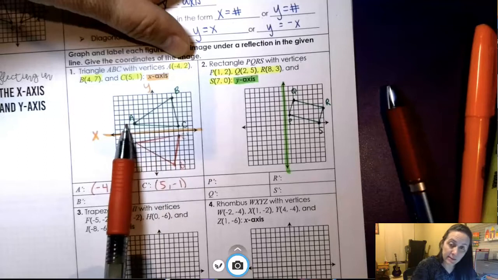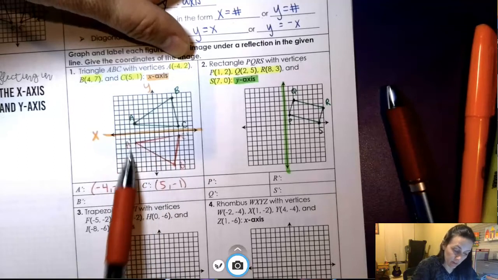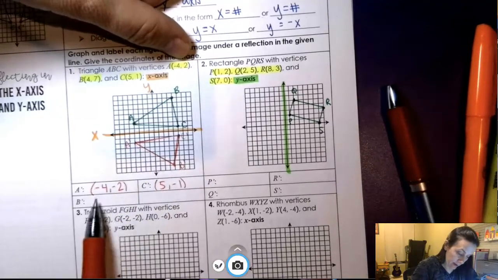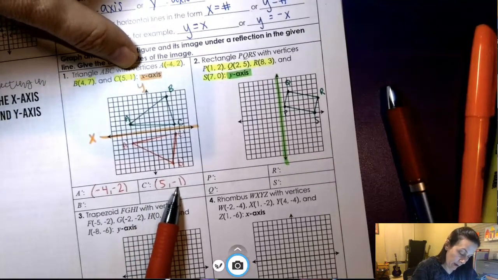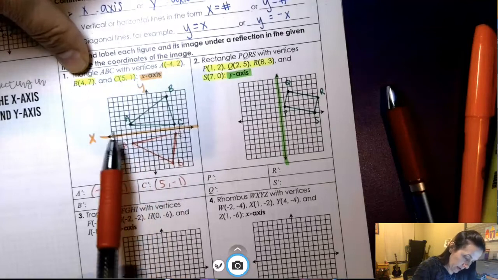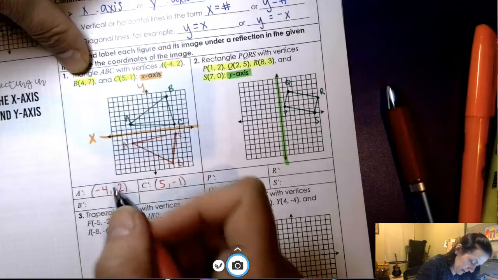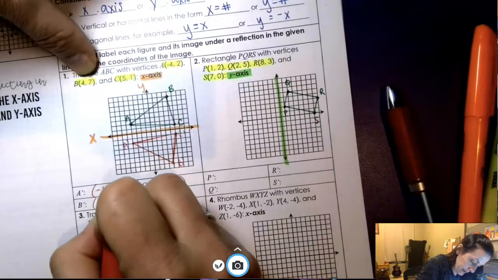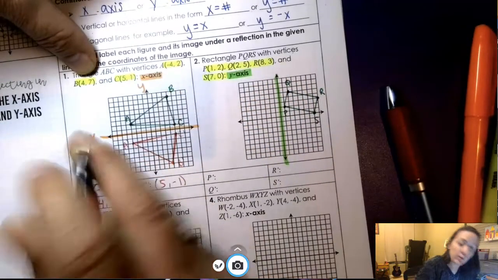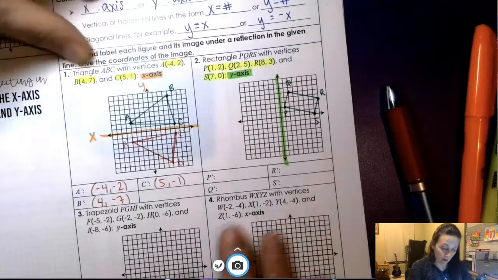So the x stayed the same, the y changed by exactly the opposite. The C, the x stayed the same, the y became opposite. So B, the x is going to stay the same, it's still going to be 4. It's going to go down 7 this time. So it's neat when you recognize patterns like that that work.